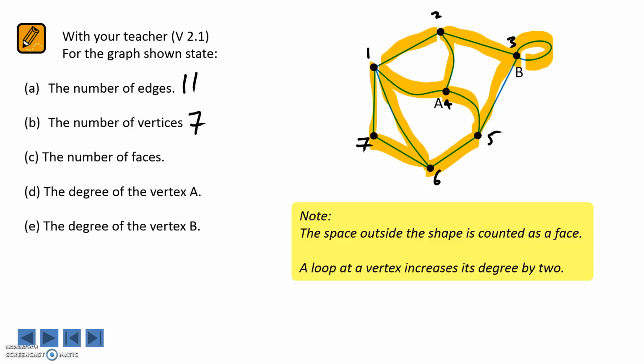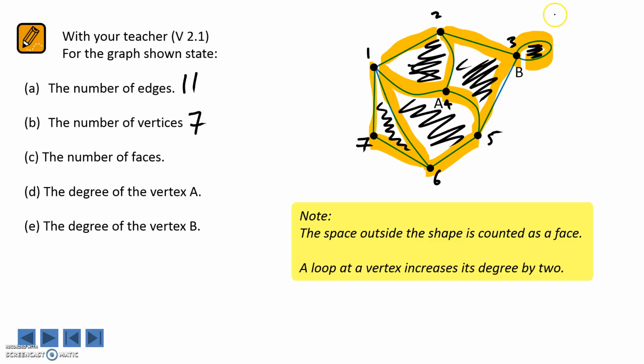The faces is the area. So you could choose another highlighter now. You could go 1, 2, 3, 4, 5, and don't forget there's another one outside. Plus 1 makes 6.